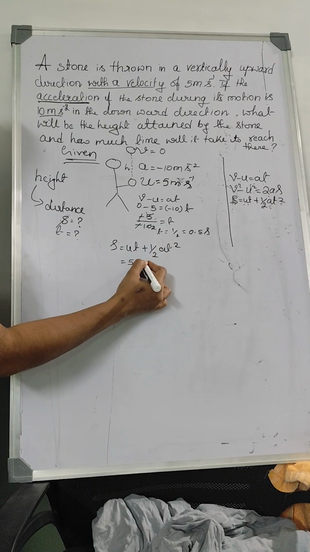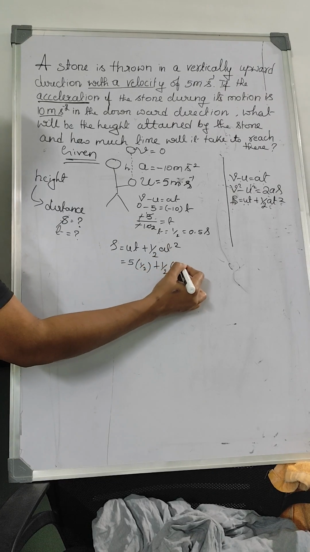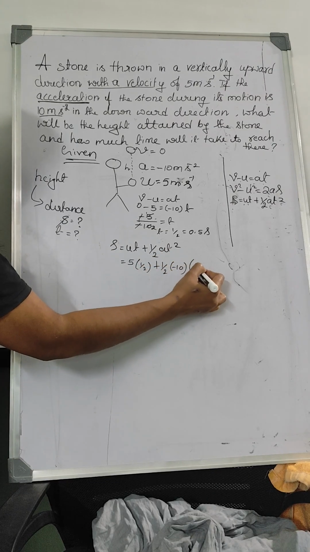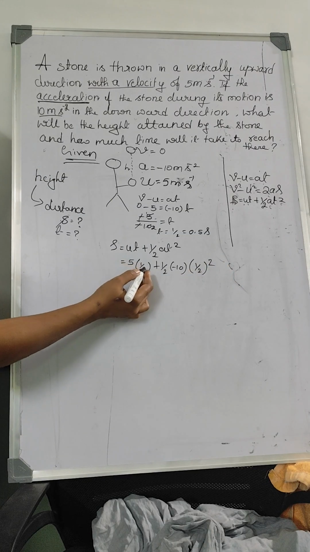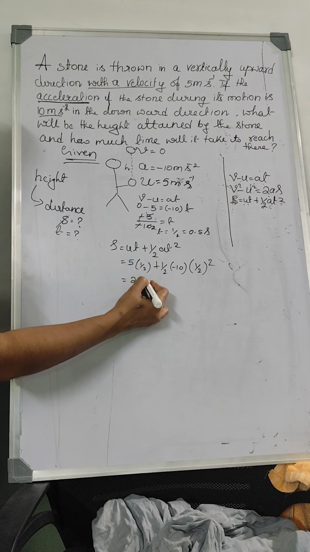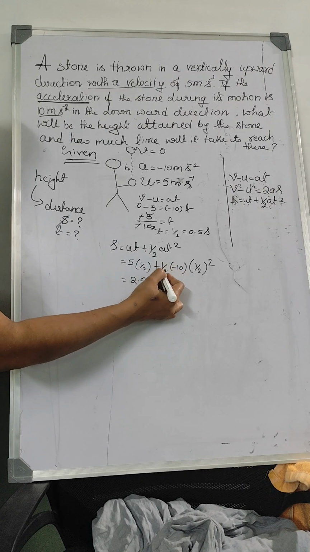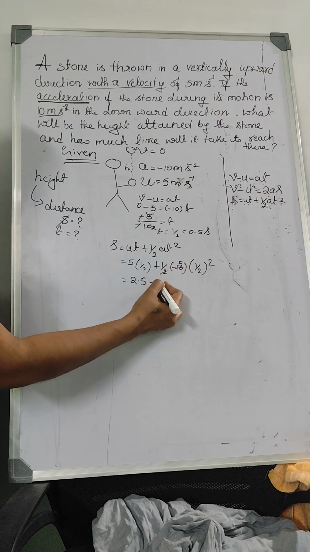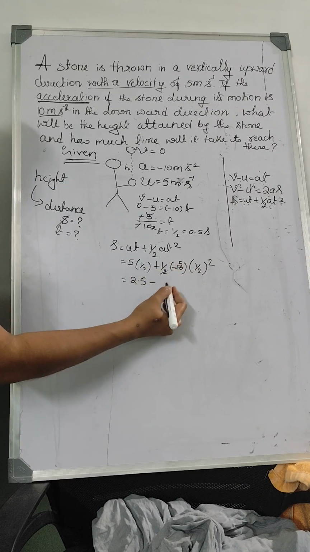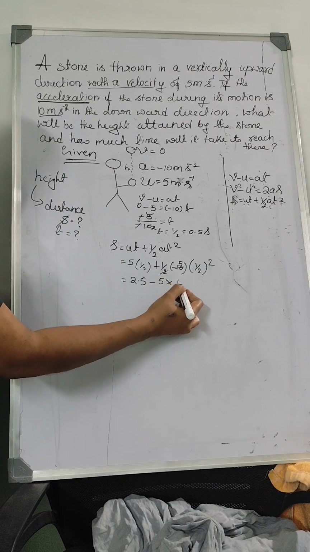So I'll write 5 into 1 by 2 plus 1 by 2 into a, which is minus 10, into t square, which is 1 by 2 whole square. Then this will become half of 5, which is 2.5. Half of minus 10, you can cancel: 2 ones are 2, 2 fives are 10, minus 5, and minus into minus into minus it will become minus. Then 5 into 1 by 4.